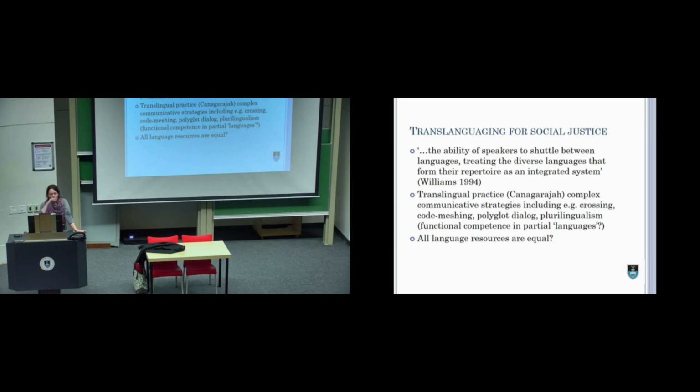But the idea is that you don't have to know the whole of a language. You can choose resources and partial parts of language and still have communicative excellence. So the idea is that all language resources are equal, and you can merge languages across your full repertoire.